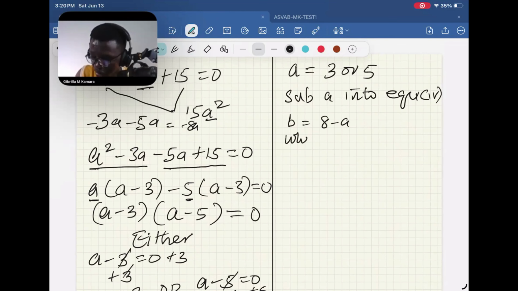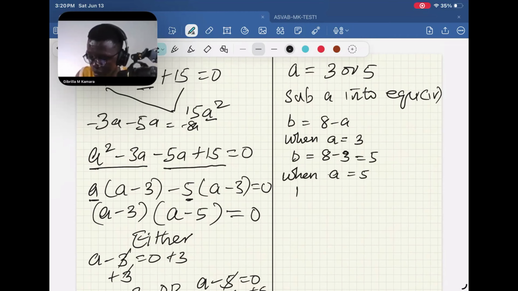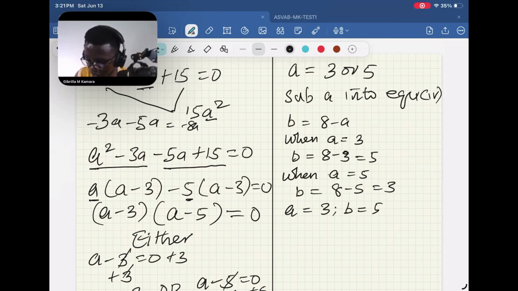So when a is 3, your b is 8 - 3, which is 5. And when a is 5, your b becomes 8 - 5, which is 3. So basically, if a is 3, your b is 5, and if your a is 5, your b is 3. So let's keep that.